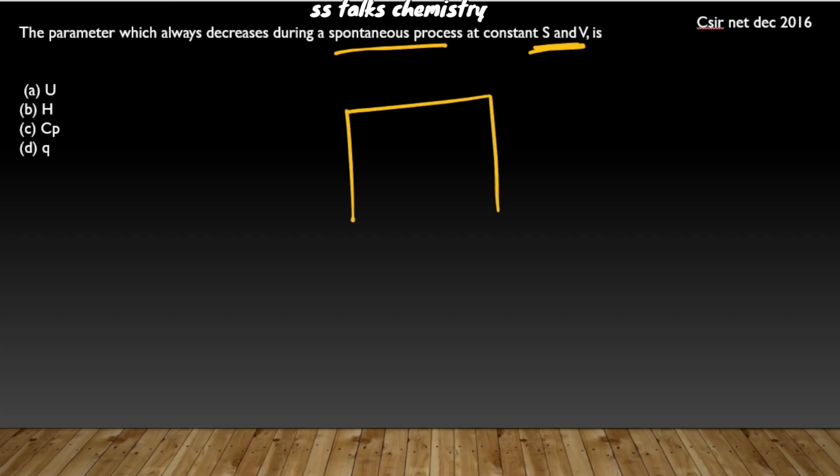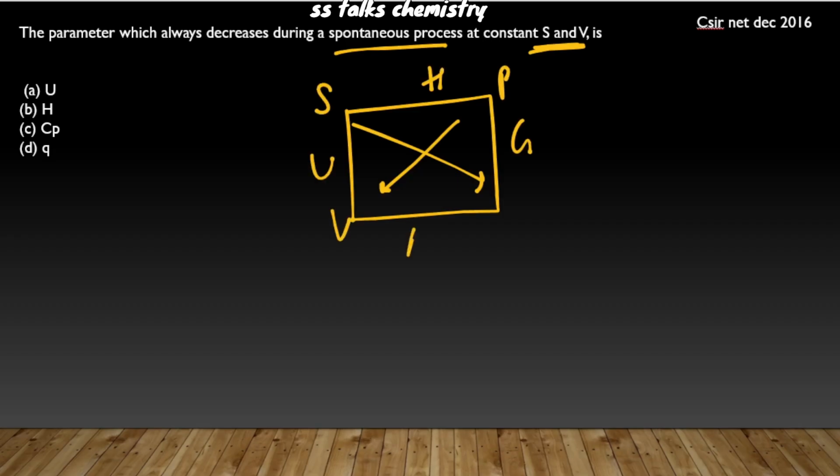Using the Maxwell square we define it like this. In this, the energy terms that you are having, these all are going to be less than zero only, which means if their value is decreasing then they are spontaneous. But the parameters which are constant, they differ in all of them.